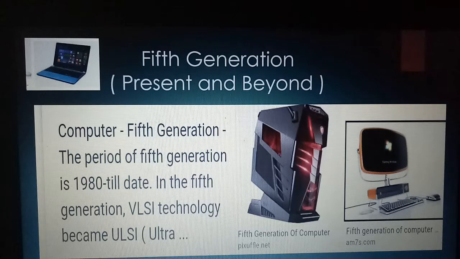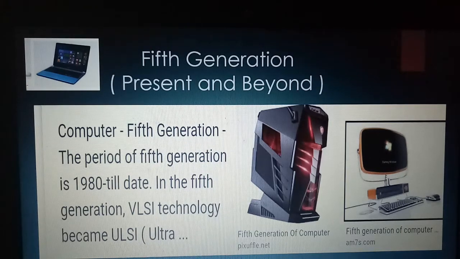Let me go to the fifth generation computer. The period of the fifth generation is 1980s till date. In the fifth generation, VLSI technology became ULSI, which is ultra large scale integrated.